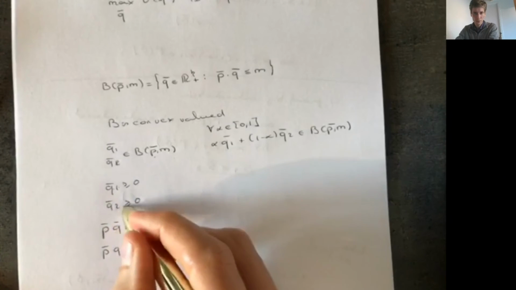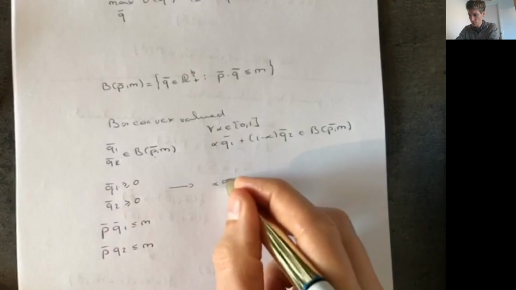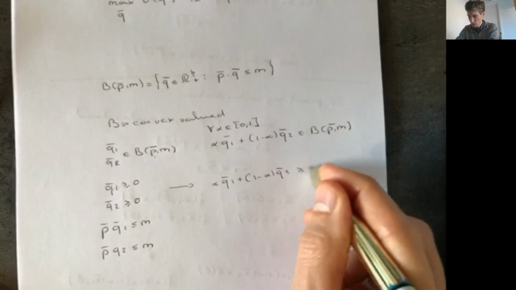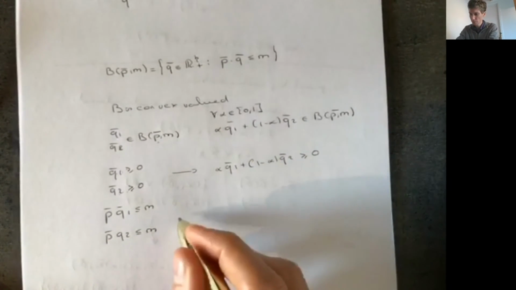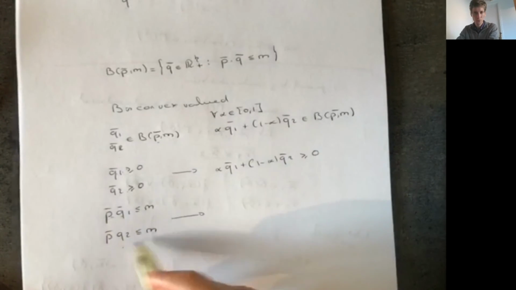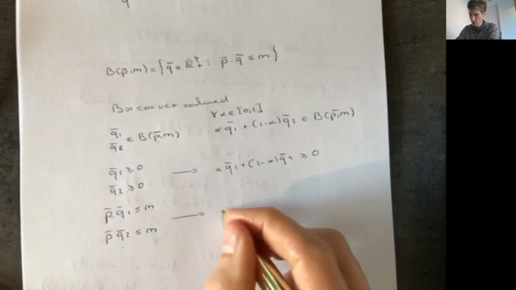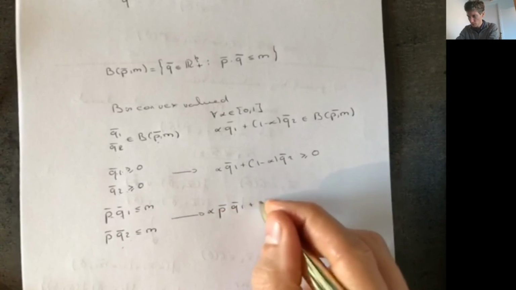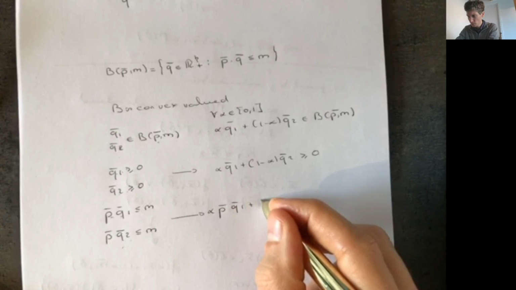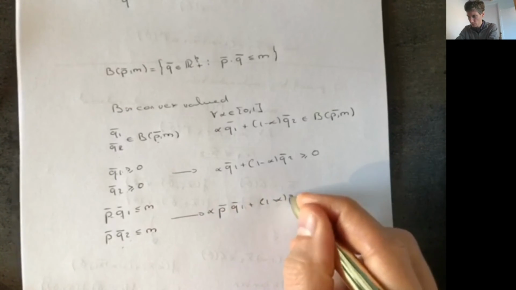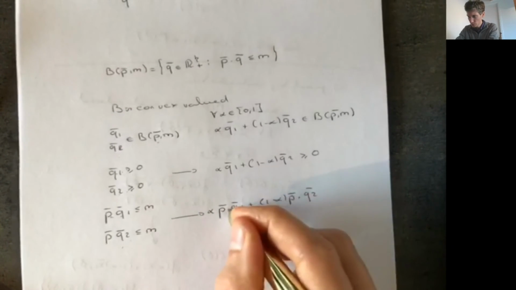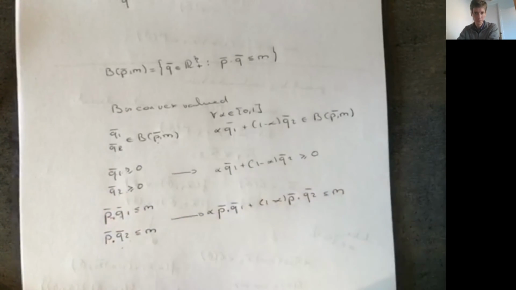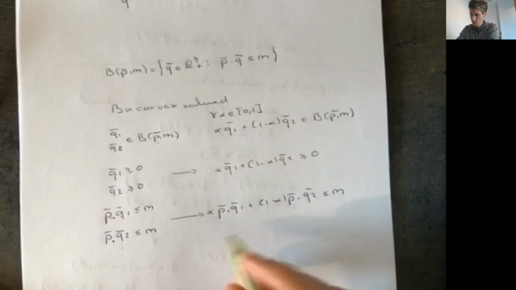So if both are greater or equal to 0, then of course alpha q1 plus 1 minus alpha q2 is also greater or equal to 0. And here we have two inequalities, so we can take the convex combination. So we have alpha p q1 plus 1 minus alpha p q2, these are all dot products, is lower or equal to m. Here this can be rewritten.